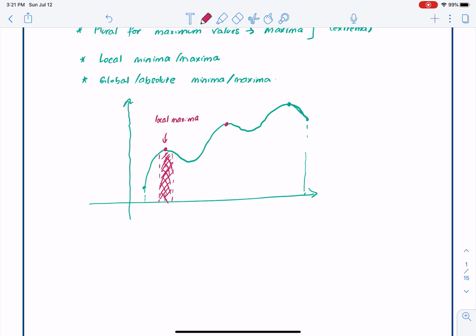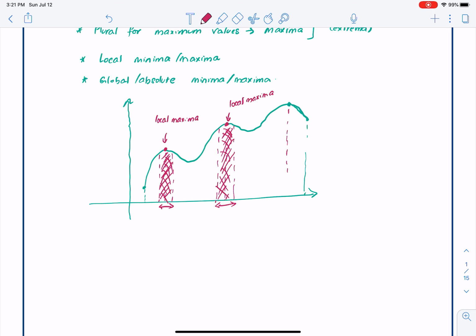Same argument applies here. We have a large value, but that particular value is the largest on that shaded interval. So the interval was right here on the x-axis, the interval was right there on the x-axis, so that would also be a local maximum.